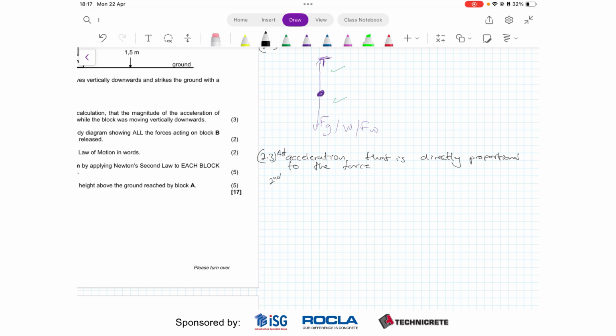And now the second compulsory key phrase is inversely proportional to the mass of the object.